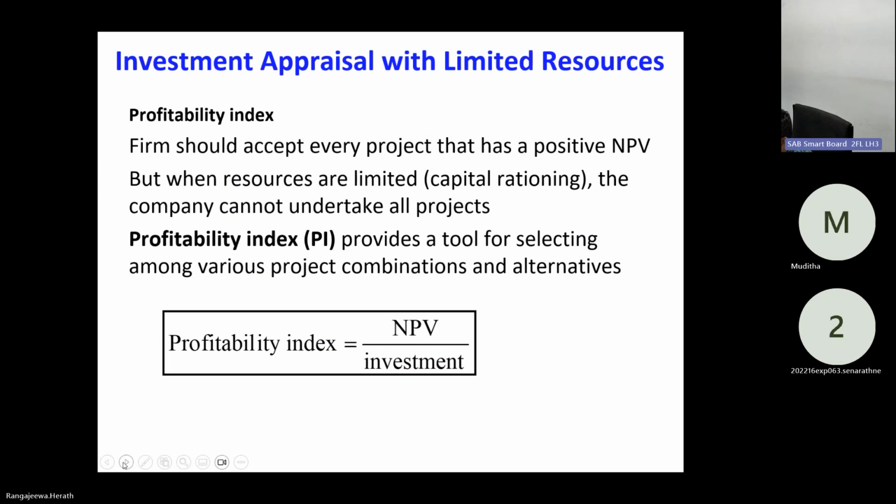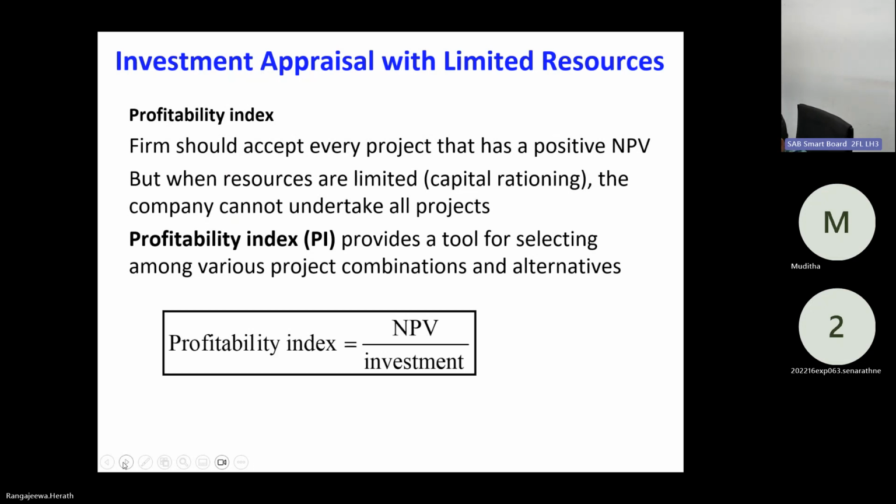Now this is the main appraisal method here. When should the firm accept? Theoretically, a positive NPV project means that it will increase wealth.